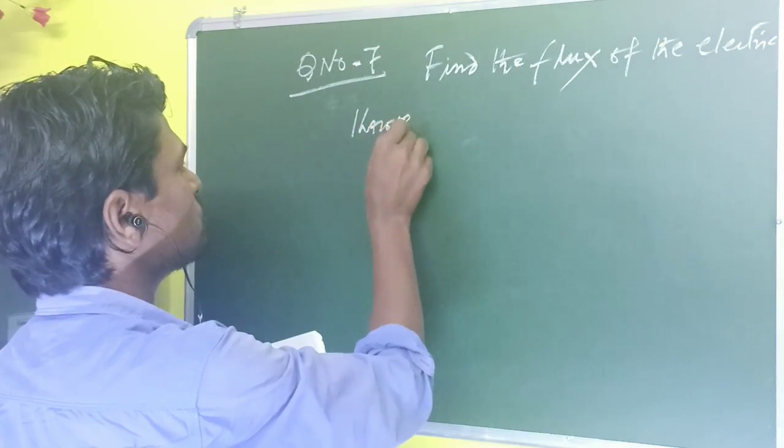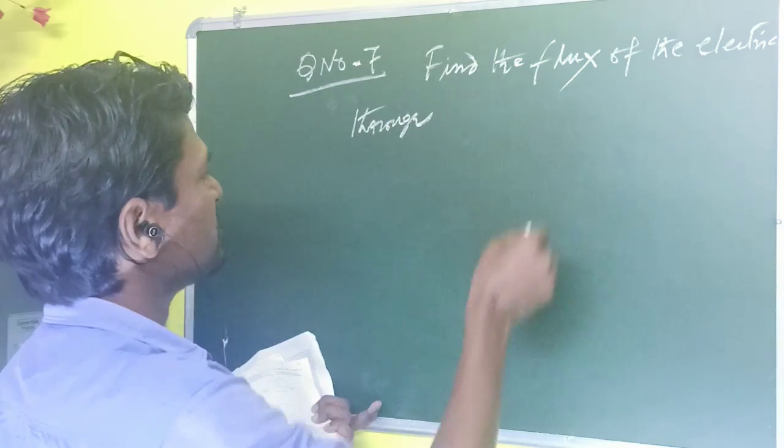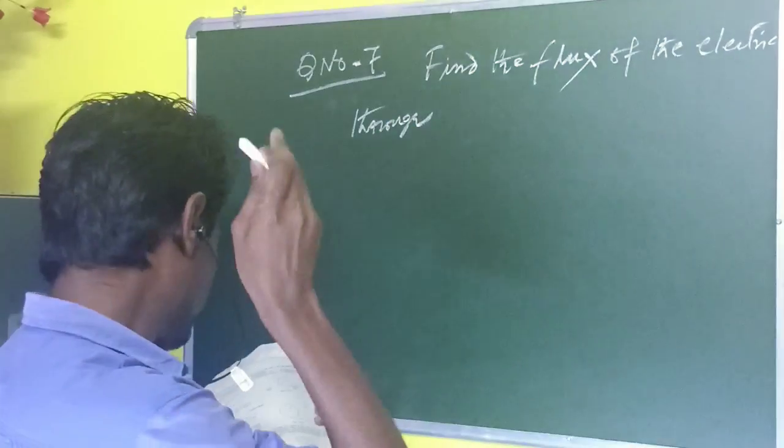Through that particular Gaussian surface, or a particular surface if it is given.